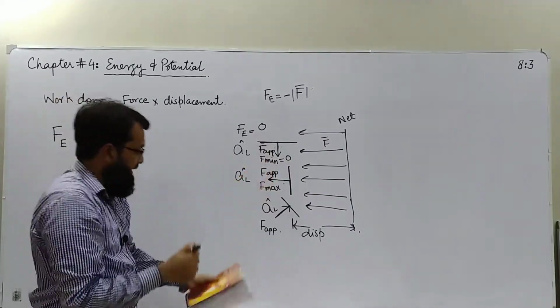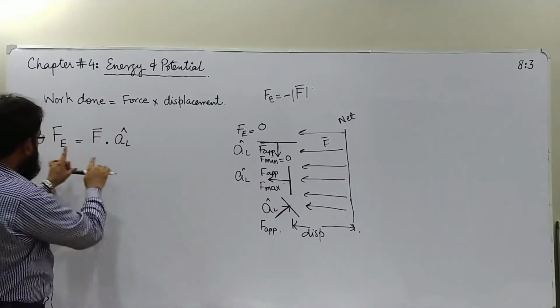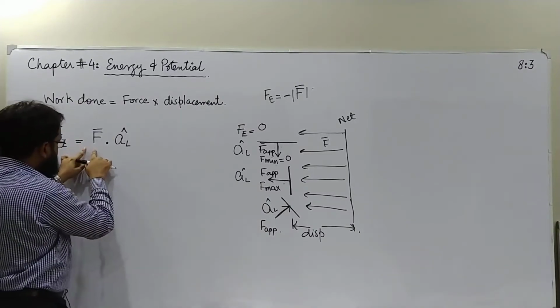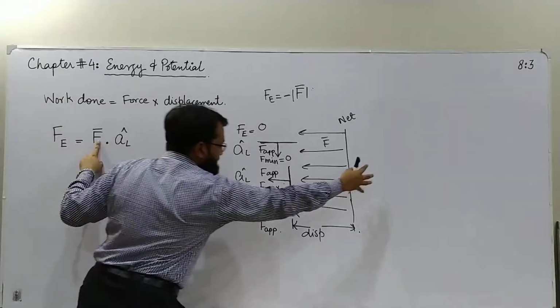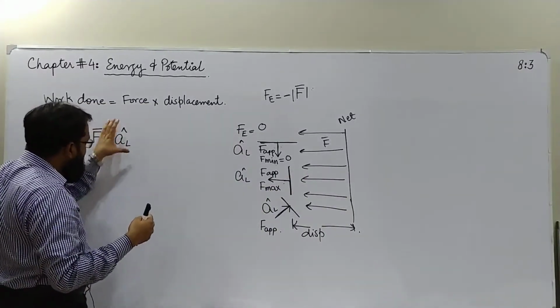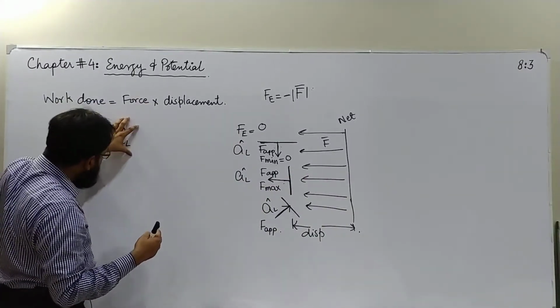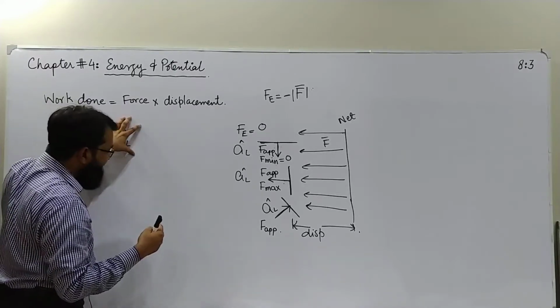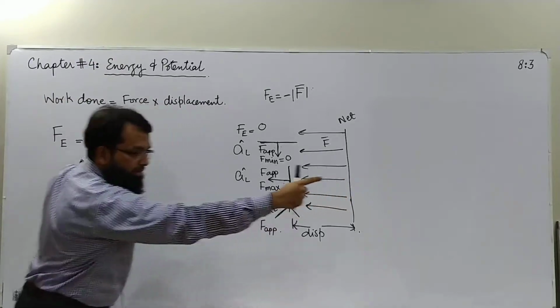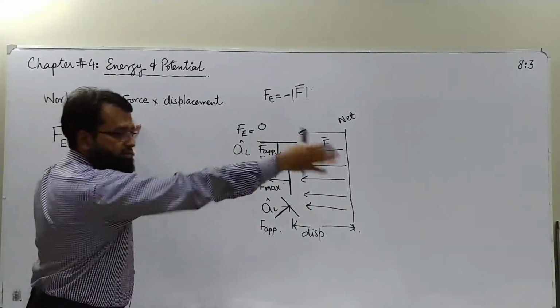Okay, so the force experienced by me will be equal to the force applied by the wind dotted with AL, where AL is the direction opposite to that of the direction of motion.